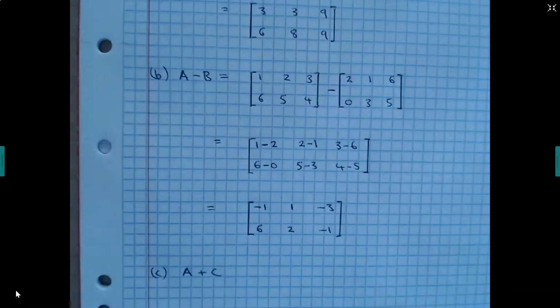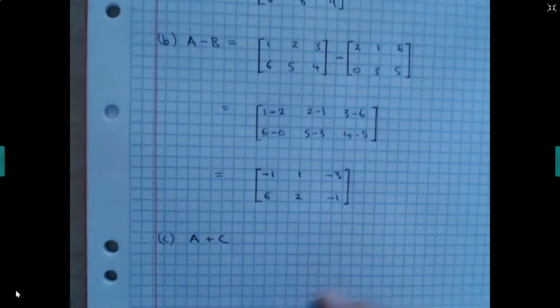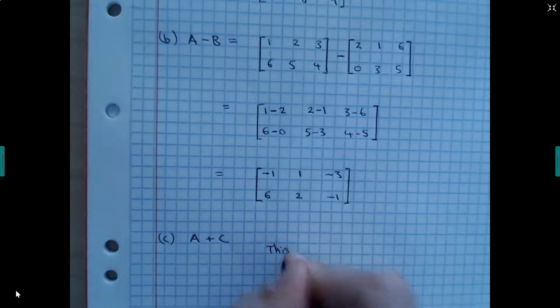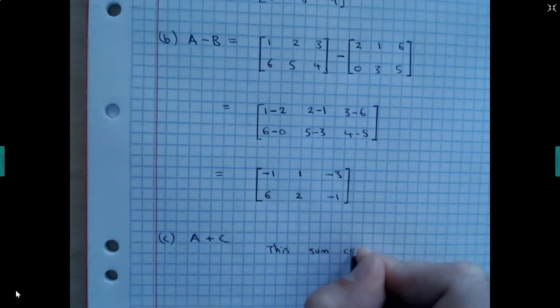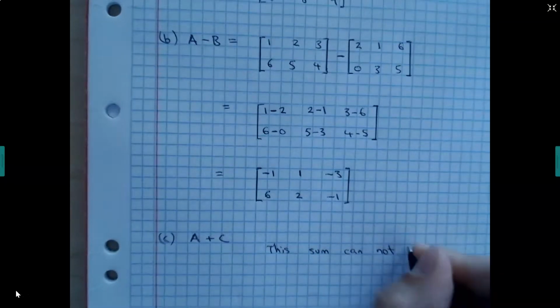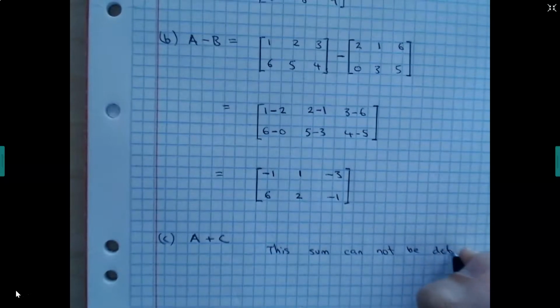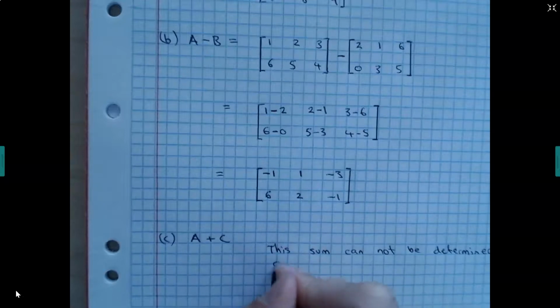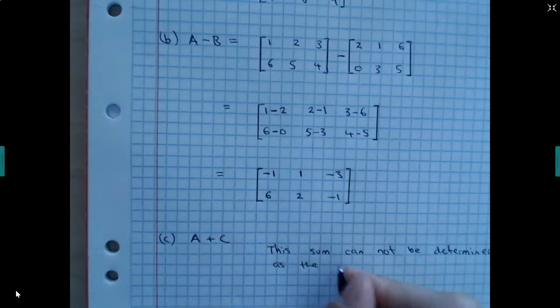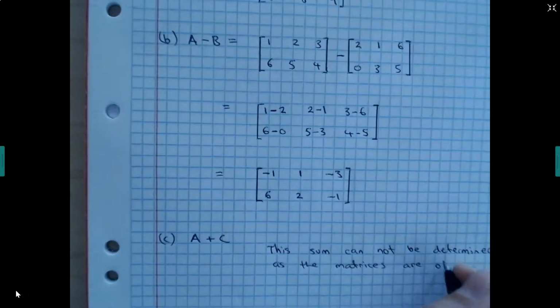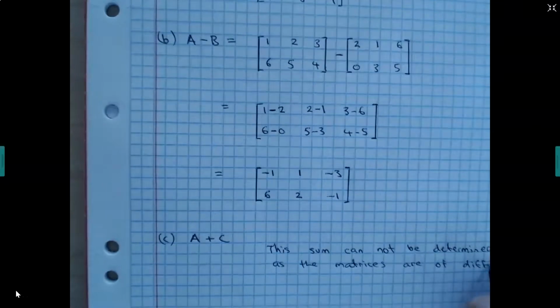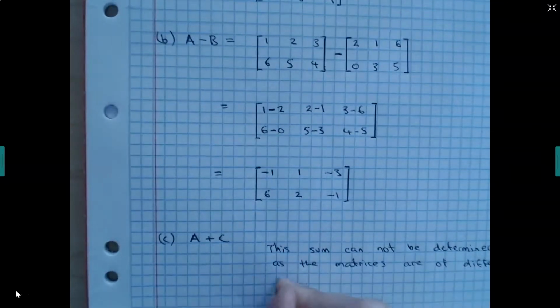So you just write this sum cannot be determined as the matrices are of different order.